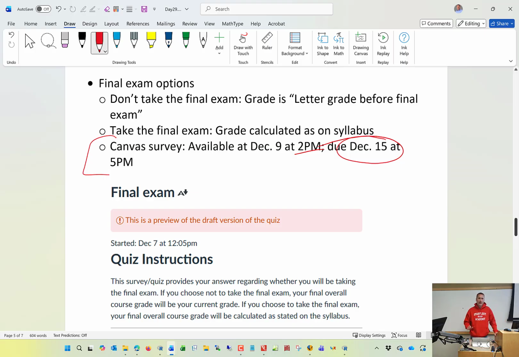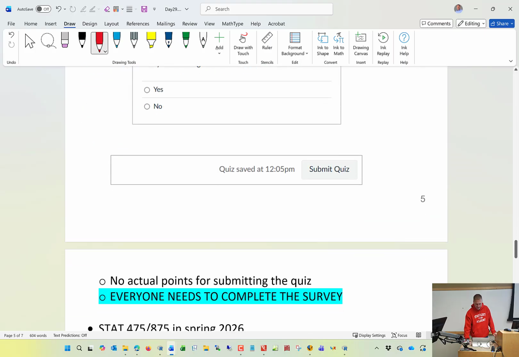So there would have been no scaling, and there will be no scaling. You have a choice. Okay? Again, by December 15th, 5 p.m., if you know what your decision is now, just do it right after class. Okay? Submit the survey.